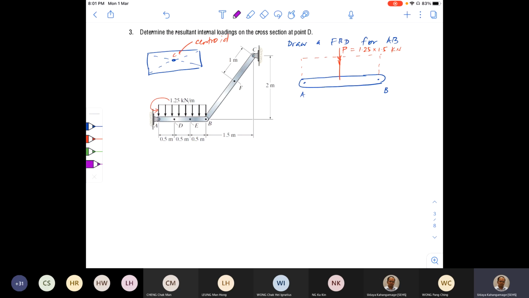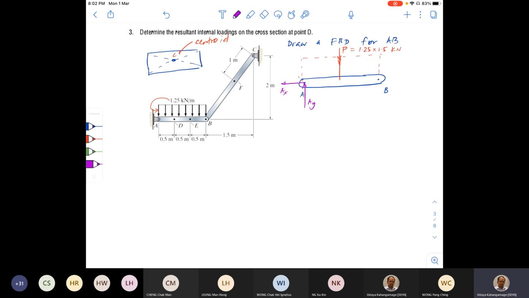This way my AY, this way my AX. The actual force R is like this, but I shouldn't draw that one, otherwise you get confused. Don't draw it, okay? So anyway, AX and AY.